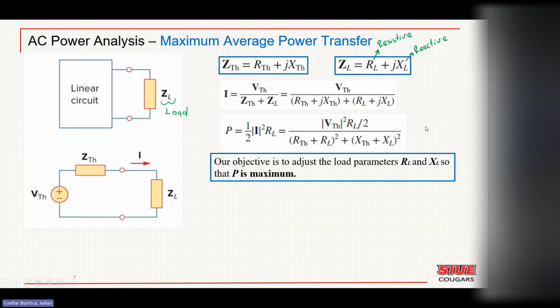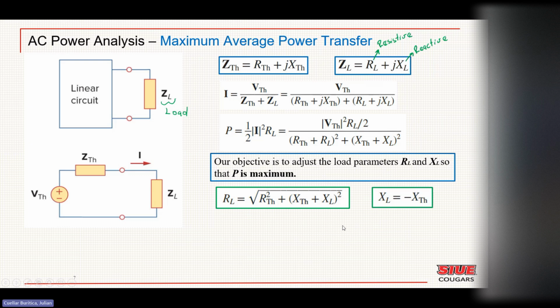That was performed here, and what we get is that the best value for our resistor, the resistance of the load, is the square root of R Thevenin squared plus the quantity X Thevenin plus X of our load, squared.